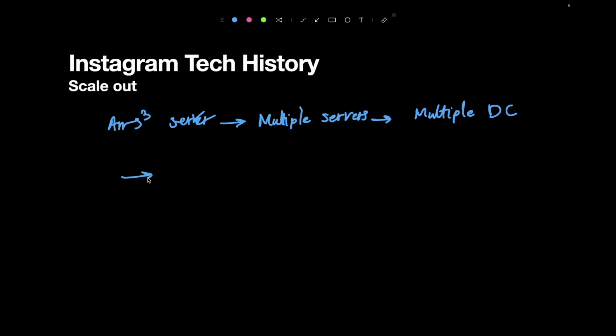Instagram started on an AWS server, and after a few months it grew to multiple servers, and after that to multiple data centers, and after that to Facebook data centers, in order to take advantage of advanced monitoring and spam detection services utilized by Facebook.